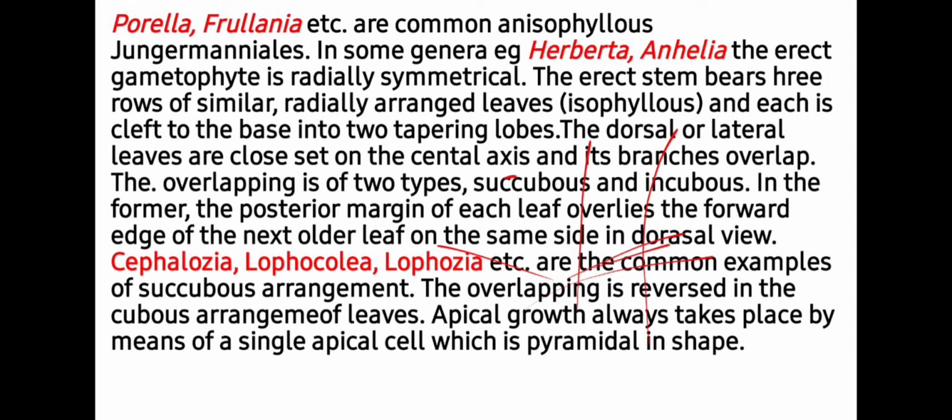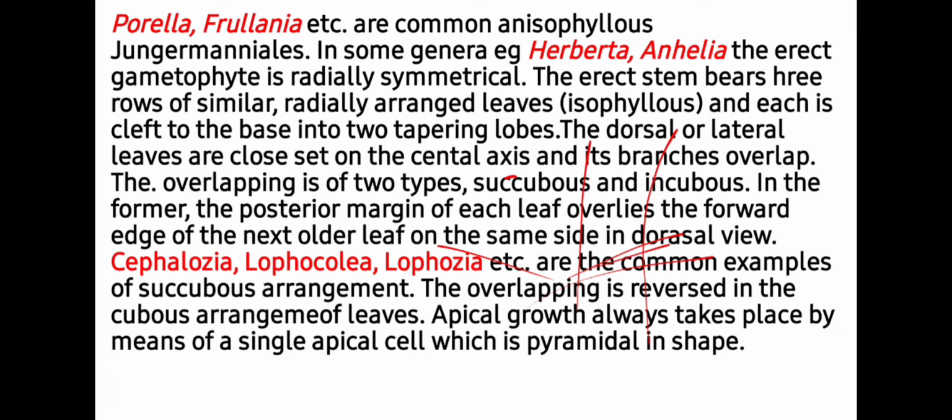The overlapping is of two types in these cases, that is succubous and incubous. In the former, the posterior margin of each leaf overlies the forward edge of the next older leaf on the same side in dorsal view.